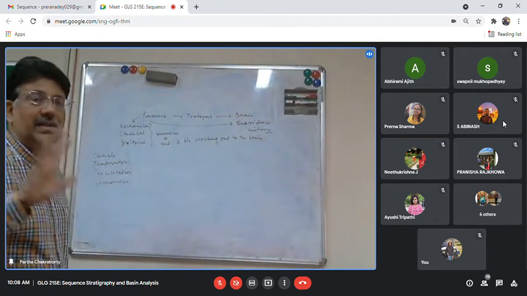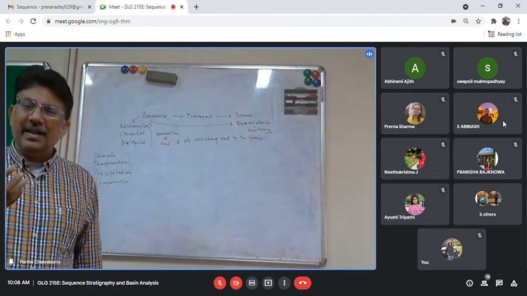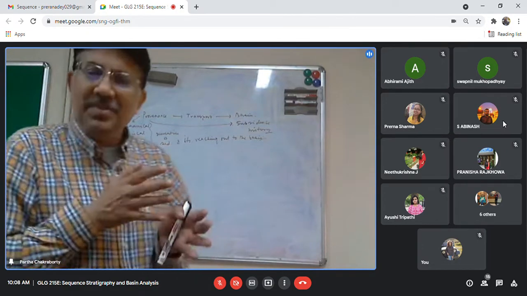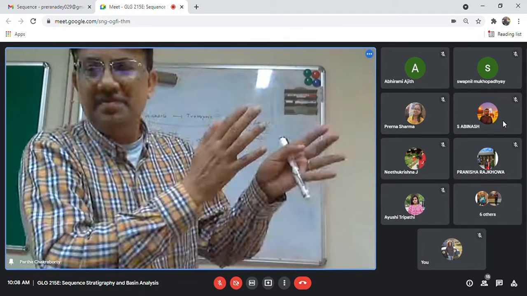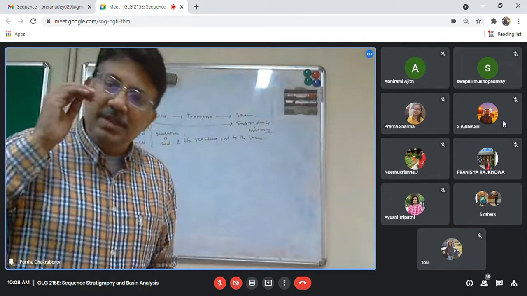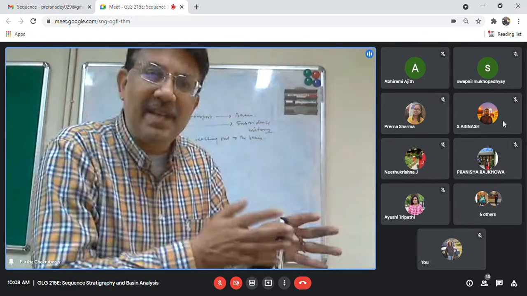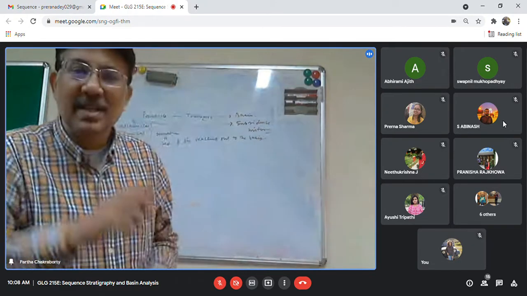Now, what this chemical weathering actually does is transform the rock into soil. This change of rock into soil is what we call pedogenesis.